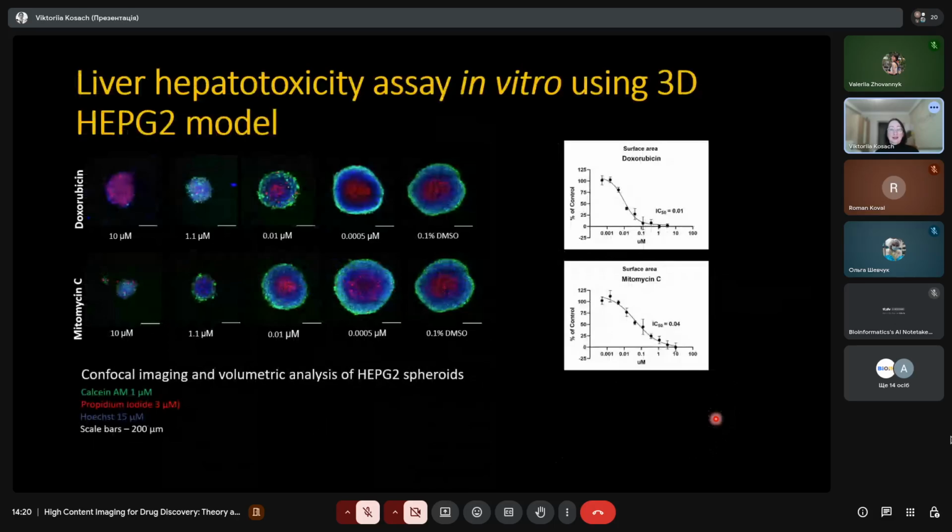And the last example for today is high content imaging in preclinical in vitro studies. You can see the liver hepatotoxicity assay using HepG2 cells in 3D.